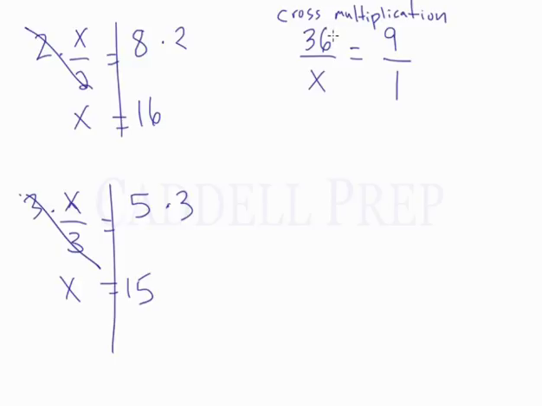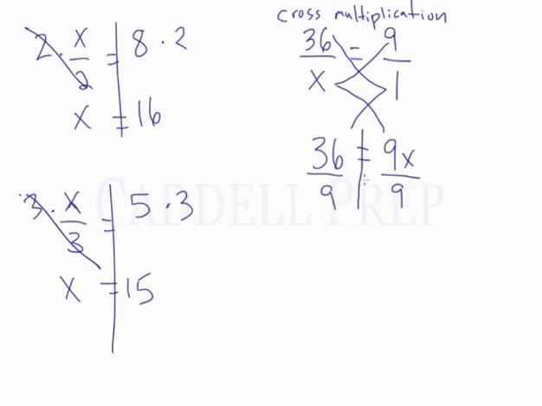So we're going to do 36 times 1, and we get 36. Then 9 times x, and we get 9x. Okay, at this point, we have 9 times x equals 36. So still, we want to isolate the x. So we should divide by 9. And we have 4 equals x.